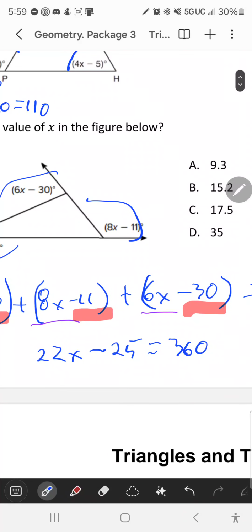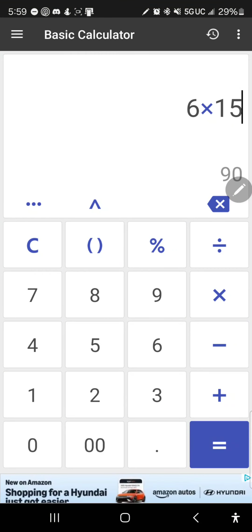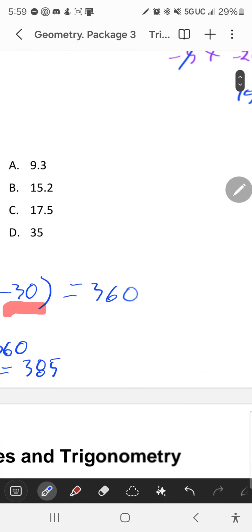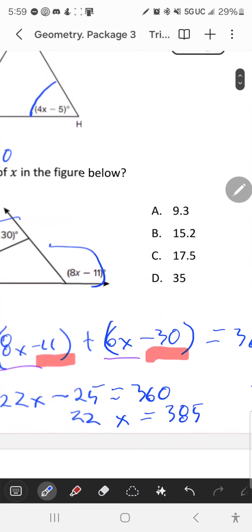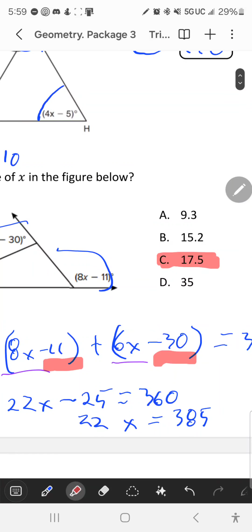Now we add 25 to both sides, so we get 22x equals 385. Now 385 divided by 22 is 17.5. So we divide by 22 on both sides and we get that x equals 17.5. And right here, you have your answer.